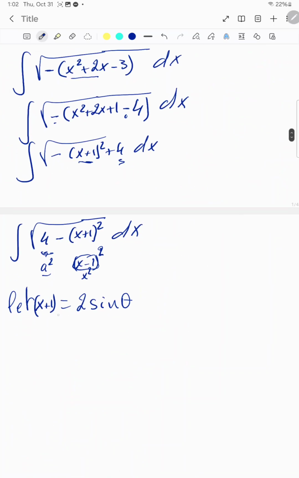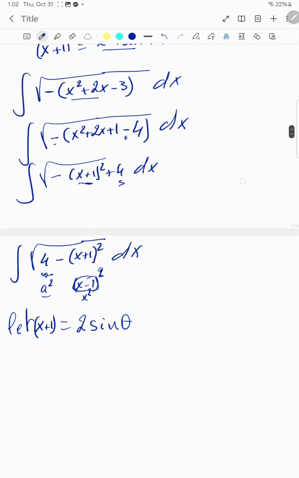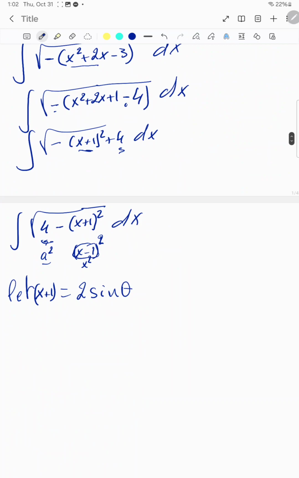Here I have x plus 1, so x plus 1 is equal to my a, which is 2 sine of theta. And I know that I will be using the trigonometric identity 1 minus sine squared of theta is equal to cosine squared of theta.